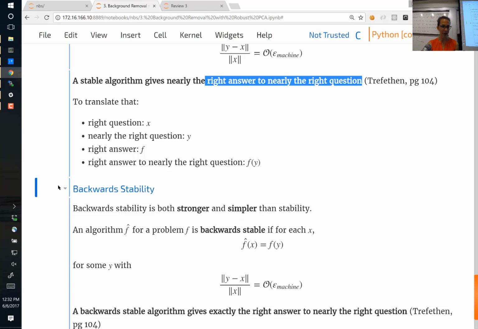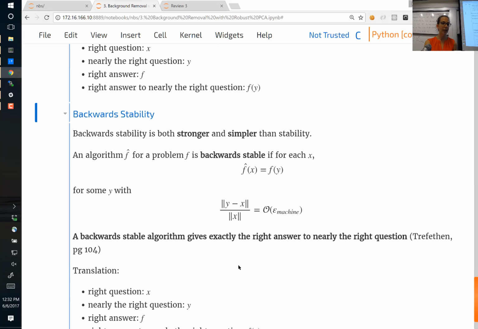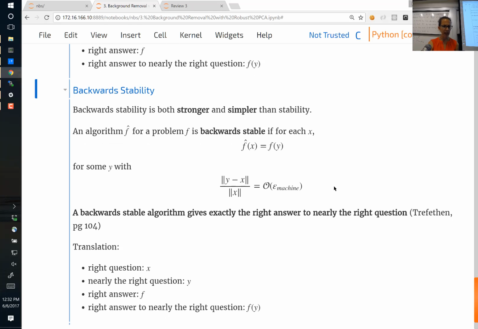Fortunately, backward stability is actually simpler than stability. And it's also stronger. That means that anything that's backward stable will be stable, but not the reverse, as we just saw with the LU factorization, because that's stable but not backward stable.